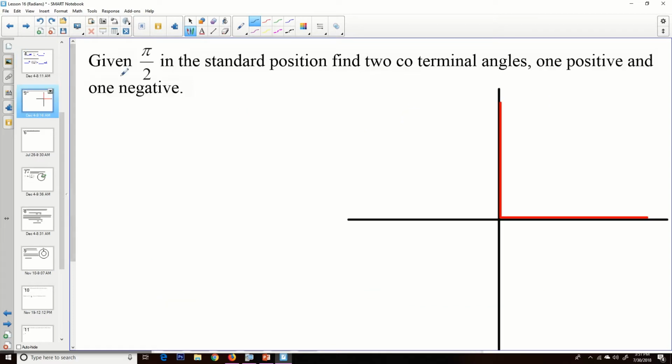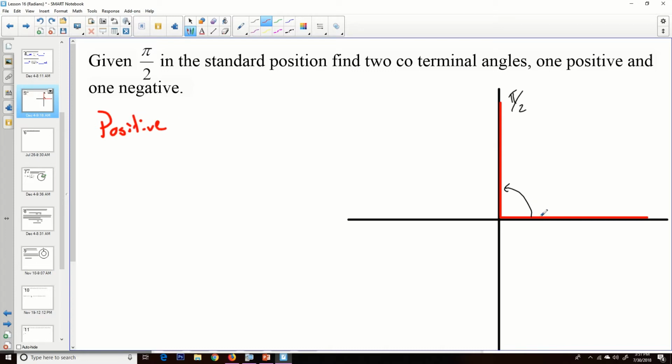Okay. Another example of coterminal angles, we want to talk about this. Given pi over 2, so this angle right here is pi over 2 radians. Find two coterminal angles, one positive and one negative. Let's talk about the positive value first.